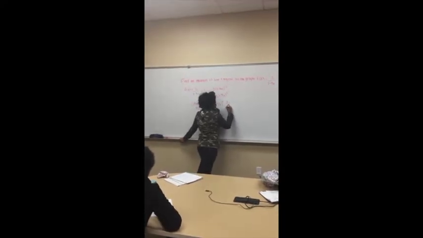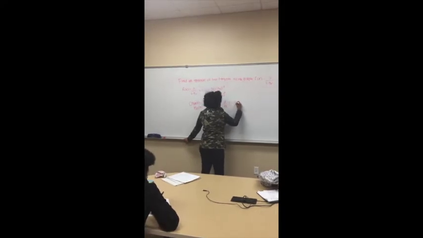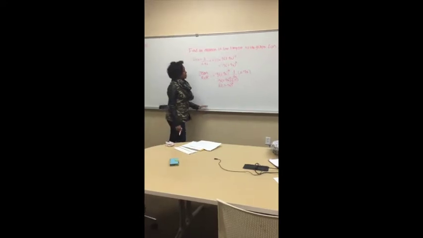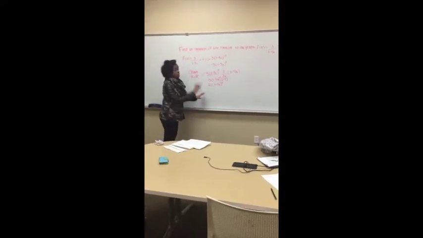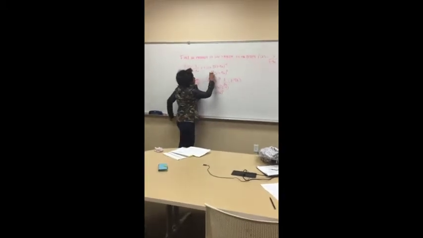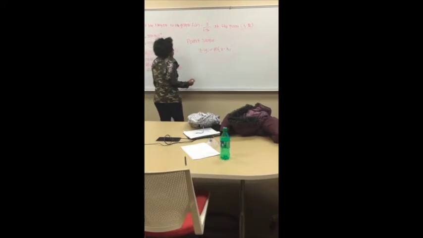So we're going to do d over dx. We're just going to go backwards a little bit. It's not going to change your answer. So like I said up here, we're going to do 3 times negative 1, which is going to give us negative 3.